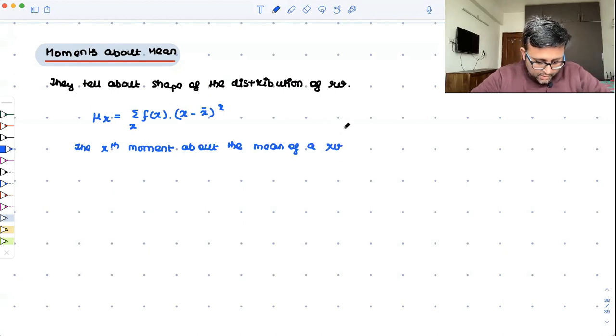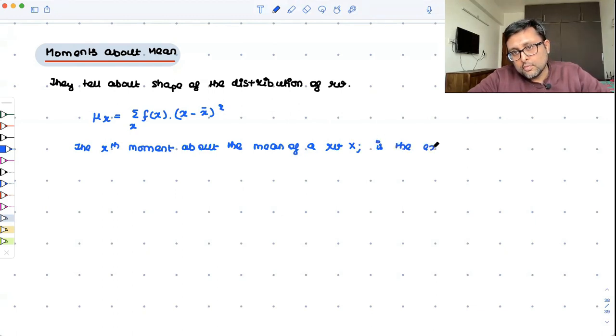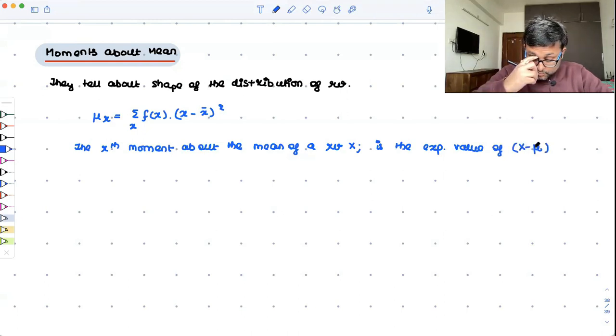of a random variable x is the expected value of x minus x bar to the power r, where x bar is nothing but just mu, right? Or the expected value of x minus mu to the power r, because that is the rth moment.